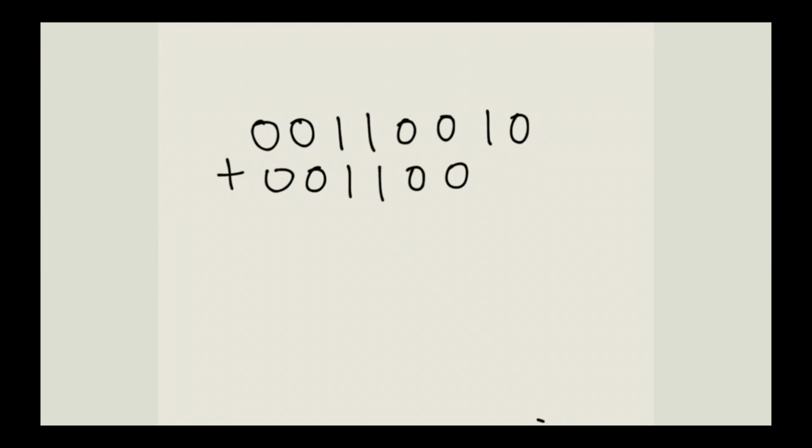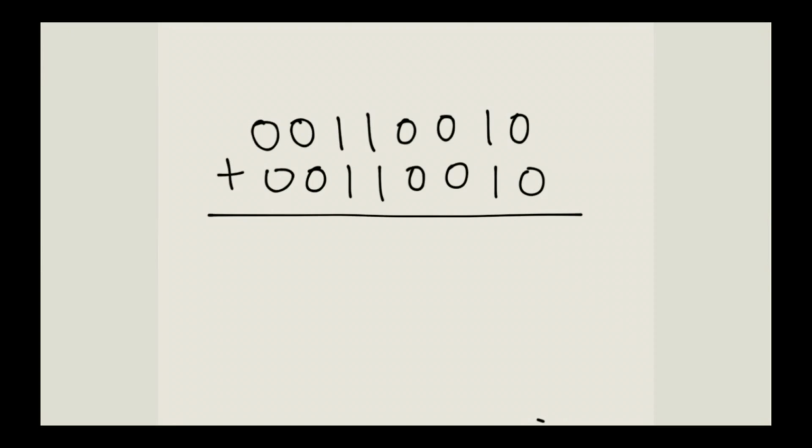So we want to perform the following calculation in binary. I've got 0, 0, 1, 1, 0, 0, 1, 0, and I'm going to add to it 0, 0, 1, 1, 0, 0, 1, 0. So for the math geniuses following along at home, this is effectively multiplying by 2.